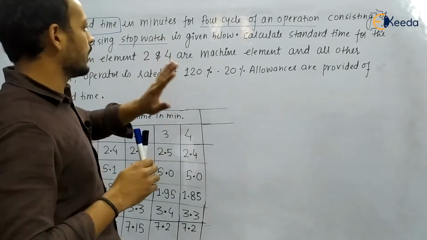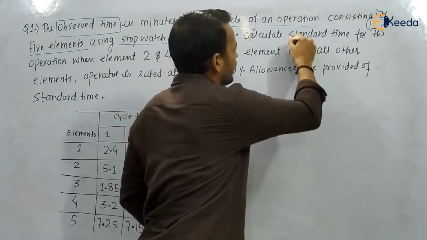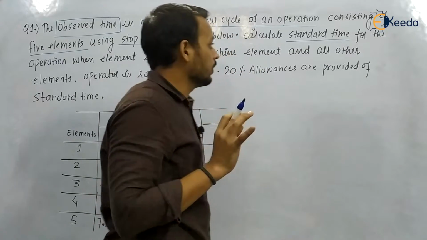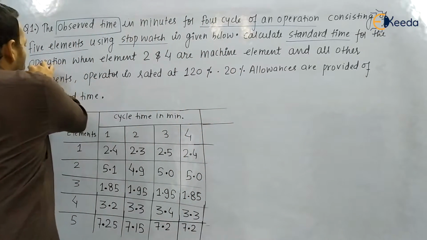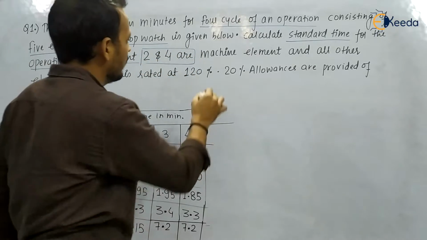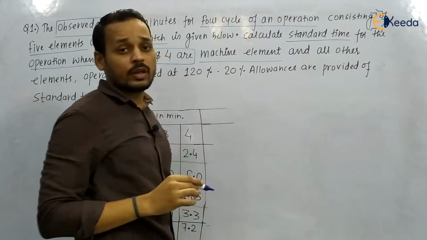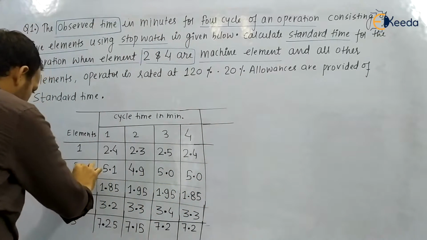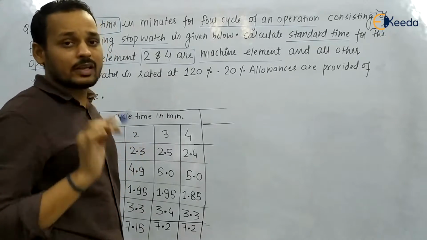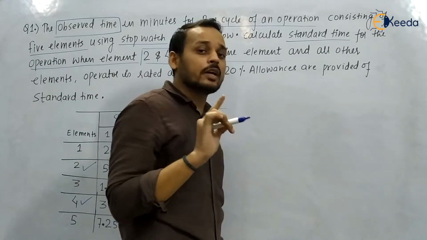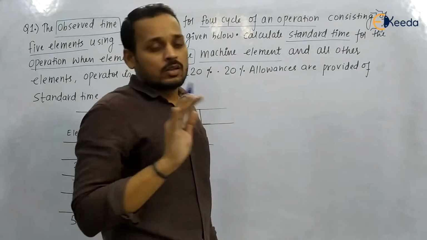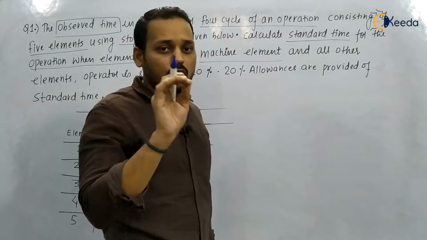They are asking us to calculate the standard time for the operation when elements 2 and 4 are machine elements. For machine elements we have studied that the normal time and observed time are equal, since no performance rating is given for a machine element.